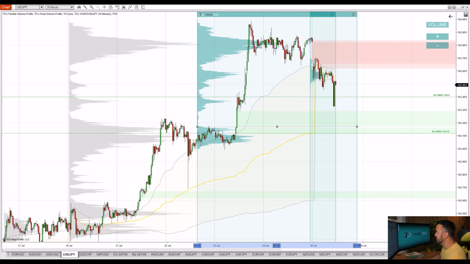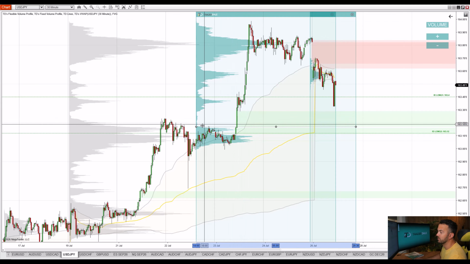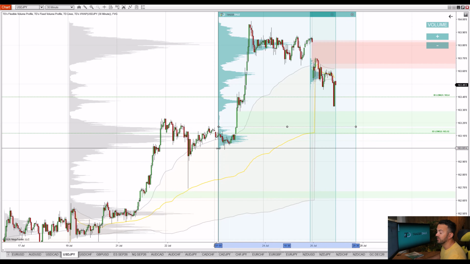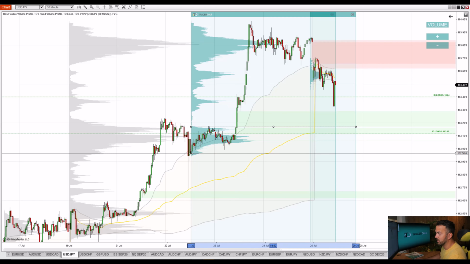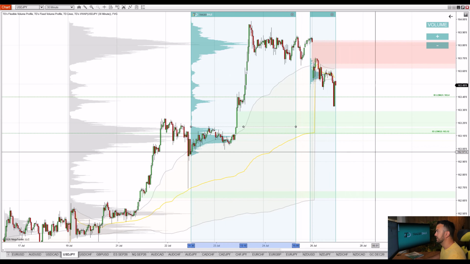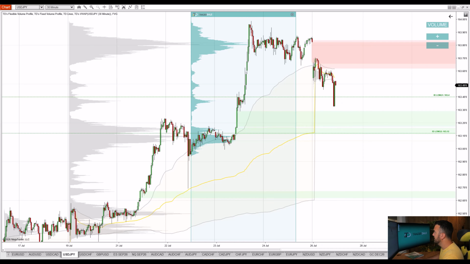So no matter how you use the profile, because people are often confused whether to use it like this or like this or like this, it doesn't really matter because the level stands out no matter how you use the profile. Anyways, we have that heavy volume zone here, a massive heavy volume zone from which a strong steep uptrend starts.